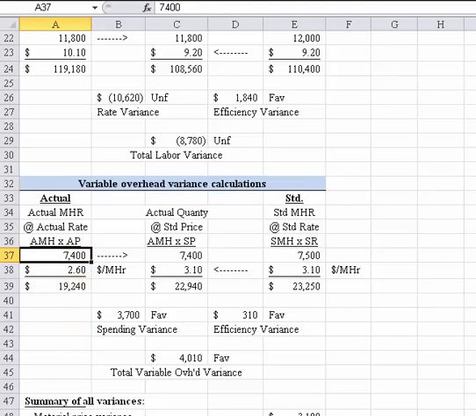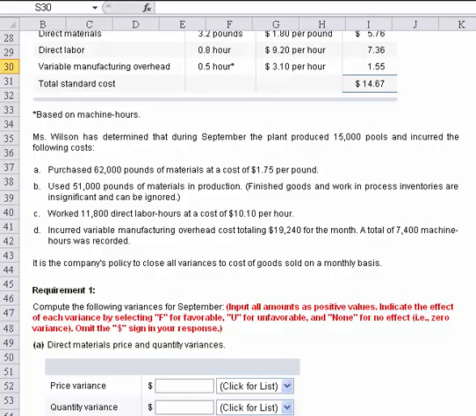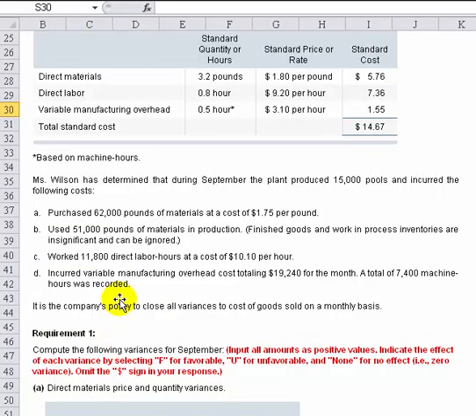I've got 7,400 at $2, and actually we wouldn't know the actual rate. We would know our total spending, and we would know the actual machine hours. So total spending was 19,240. The actual machine hours was 7,400. Let's see where they gave us that. There's our variable manufacturing overhead was 19,240, and they tell us that a total of 7,400 machine hours was recorded.